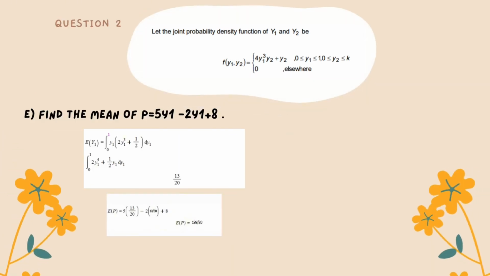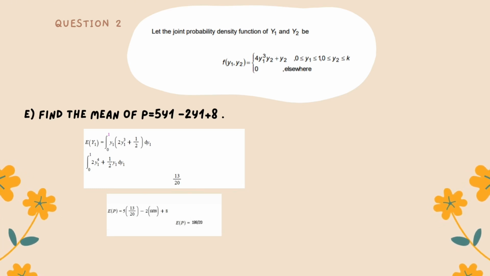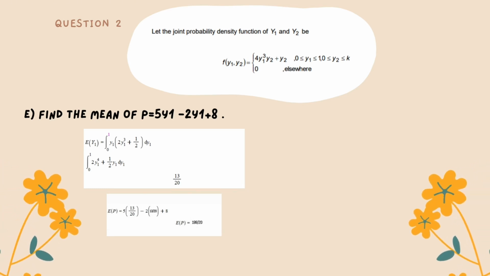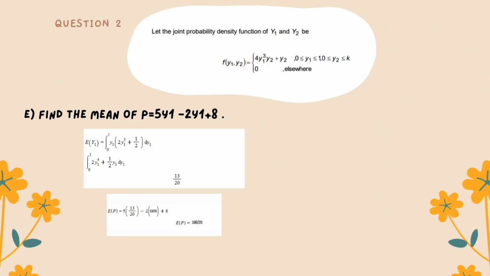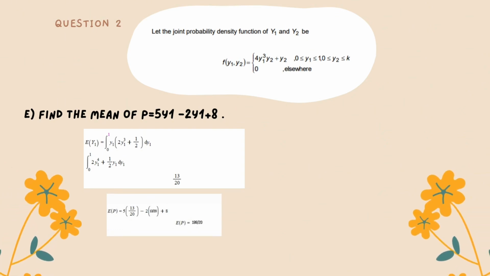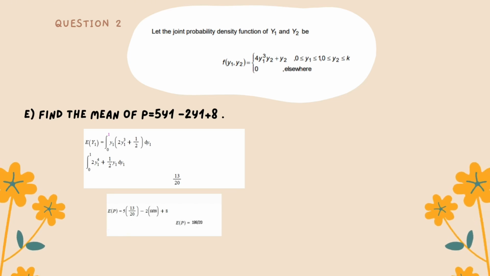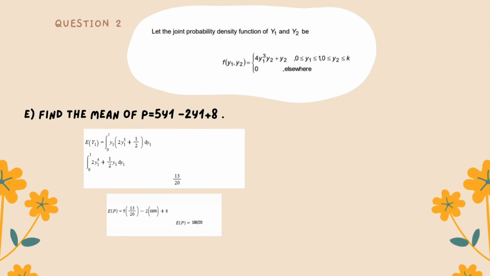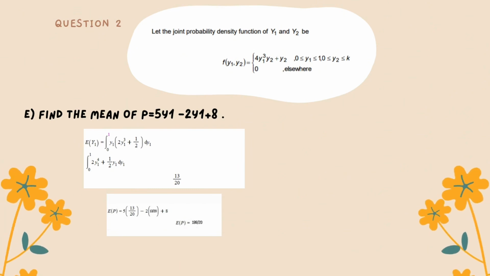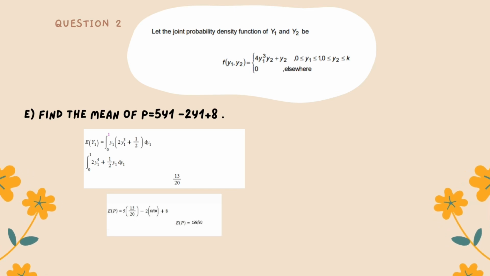For question E, the goal is to calculate the expectation value of P, where P equals 5y1 minus 2y2 plus 8. Using the linearity of expectation, we can write E(P) equal to 5E(y1) minus 2E(y2) plus 8. First, we calculate E(y1) by integrating y1 times the marginal of y1 over the range of y1, where the marginal of y1 equals 2y1^3 plus 1 over 2.